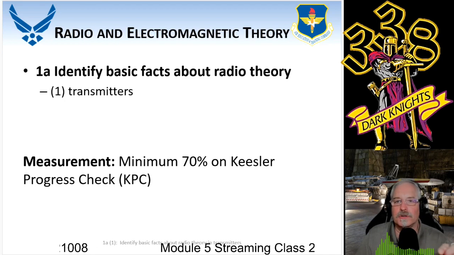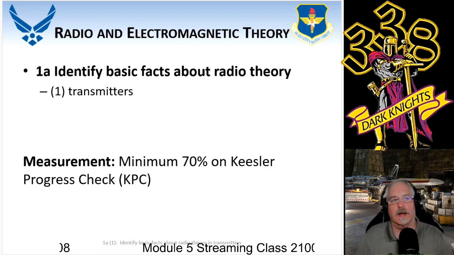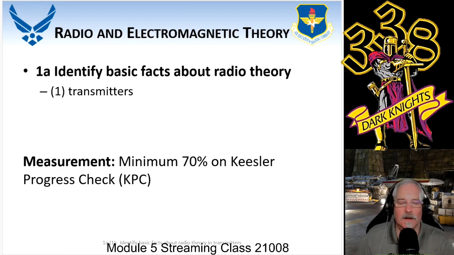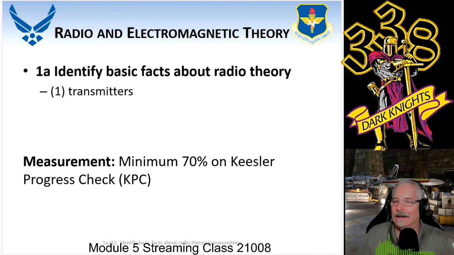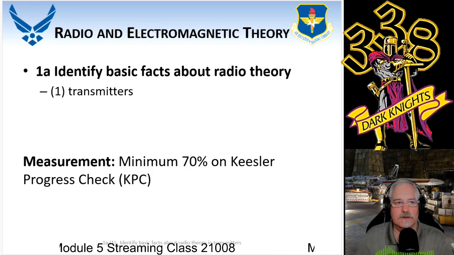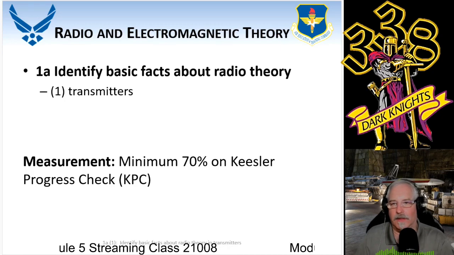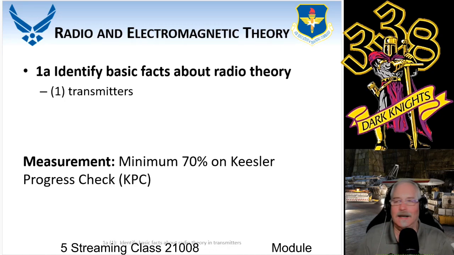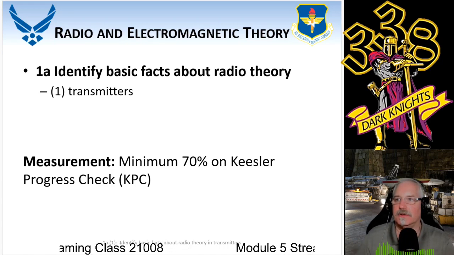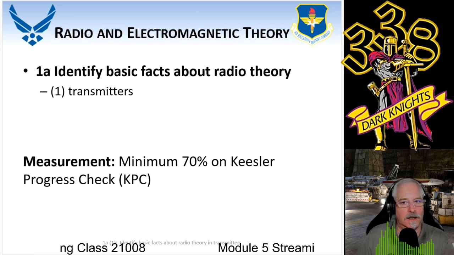There's three portions in this section. We have transmitters, receivers, and transceivers. Just remember you have to get 70% on your KPC, which is, I think there's 12 questions in one alpha, and of course the transmitters, receivers, and transceivers are all in it.